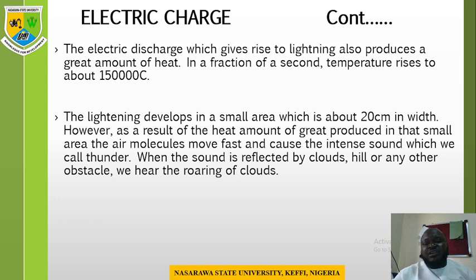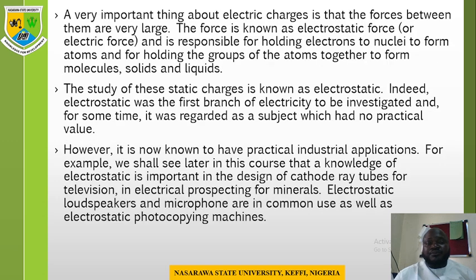However, as a result of the amount of heat produced in that small area, the air molecules move fast and cause the intense sound which you call thunder. So you see, that is the background of what gives rise to what we call thunder today. When the sound is reflected by cloud, hills, or any other obstacle, we hear the roaring of cloud.